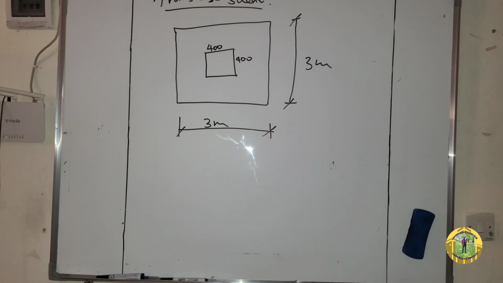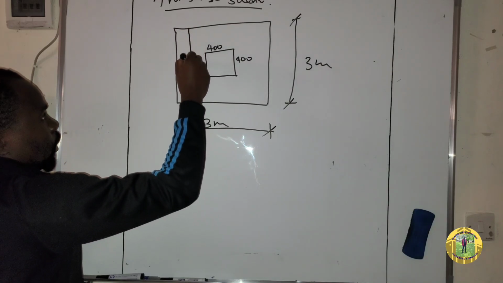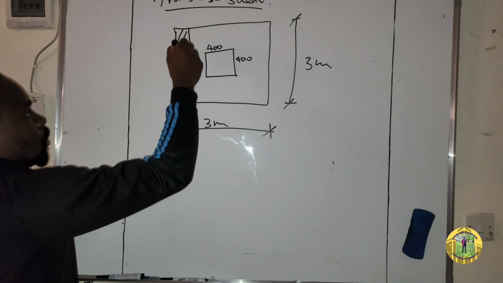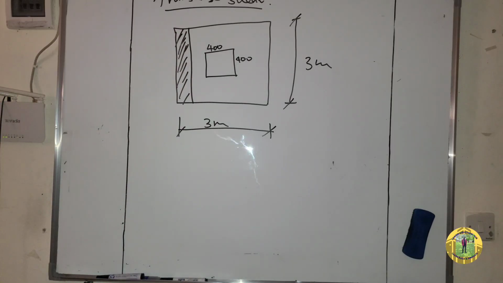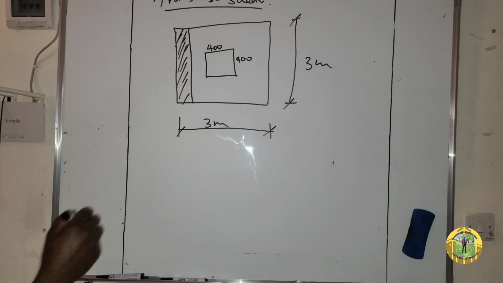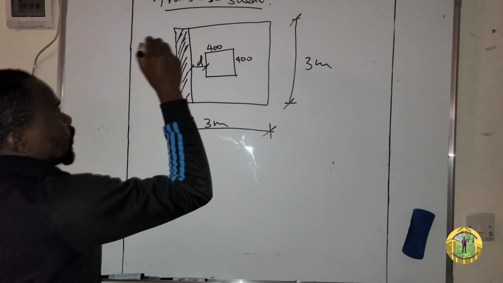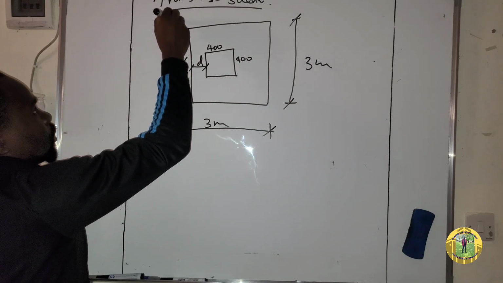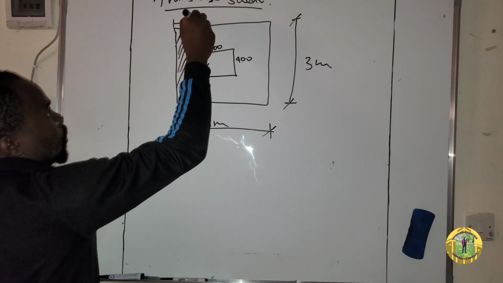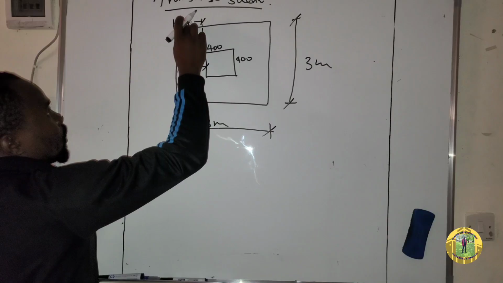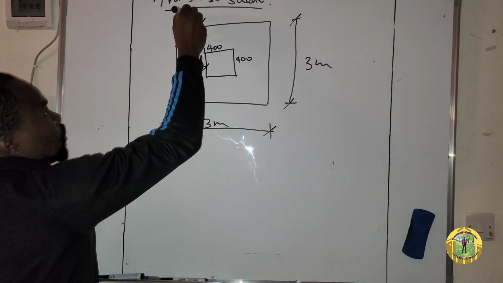So this is the transverse shear. Transverse shear will be along this edge, like that, such that the distance from here to here is d, which is 530.